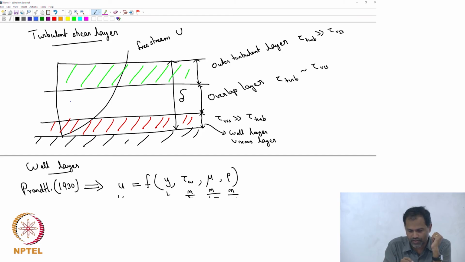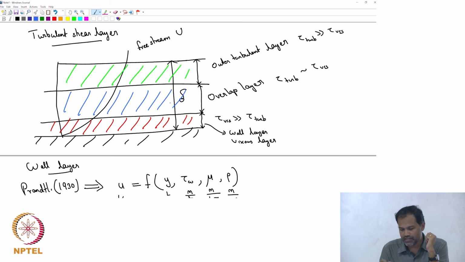Therefore this region which I am shading as blue should be a place where things change from this blue to the green. The expression that should be applicable in the overlap layer should be an expression which smoothly changes from the wall law to the defect law.